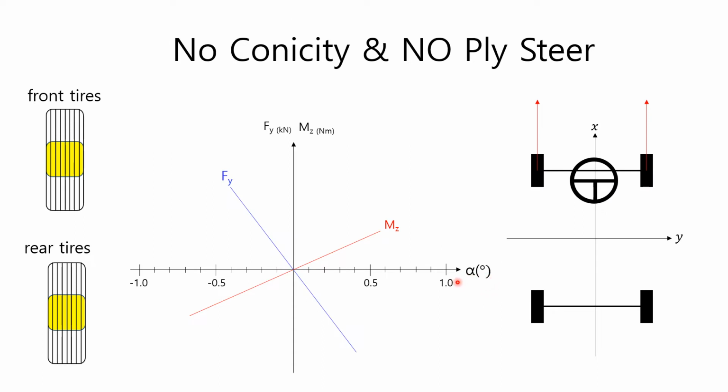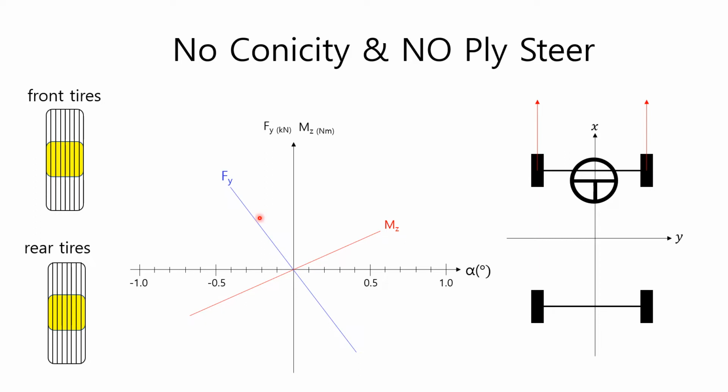In a small side slip angle, the relationship between lateral force Fy and the side slip angle alpha can be described as a straight line, and so does the relationship between self-aligning moment Mz and the side slip angle alpha.